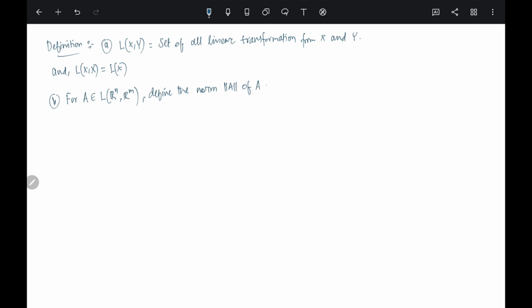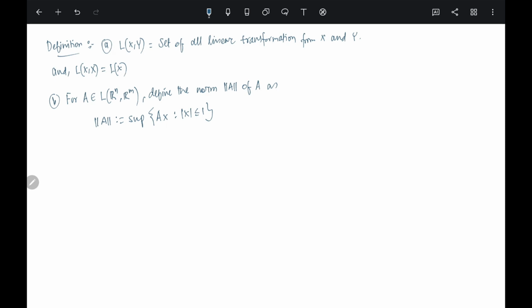We define the norm of A as the supremum of this set, norm of Ax. So basically we are choosing x from this unit ball, norm of x less than or equal to 1, and we are looking at how A is acting on every element of that ball. And we take the supremum of such a set.